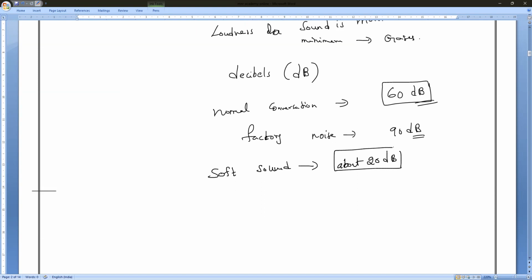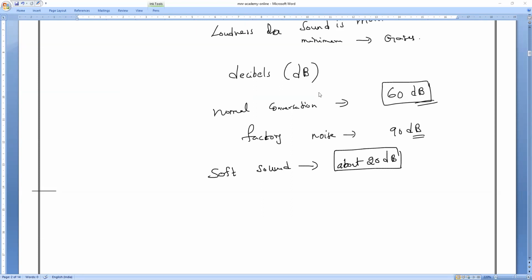This is the least sound we can hear, where we feel it is pleasant. General conversation is 60 decibels, and a soft sound, like whispering, is 20 decibels. That is what you have to remember.